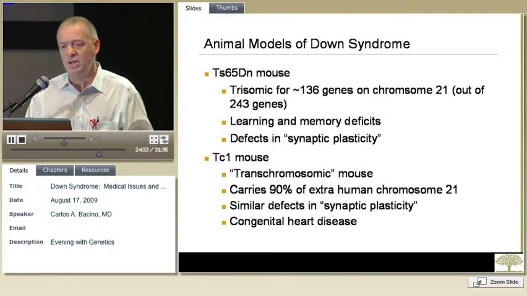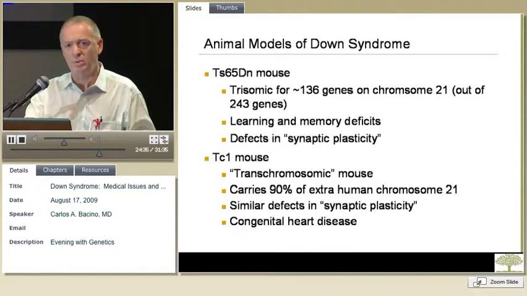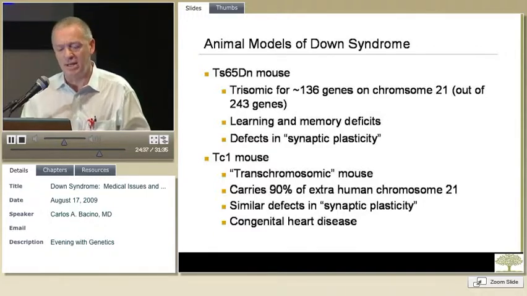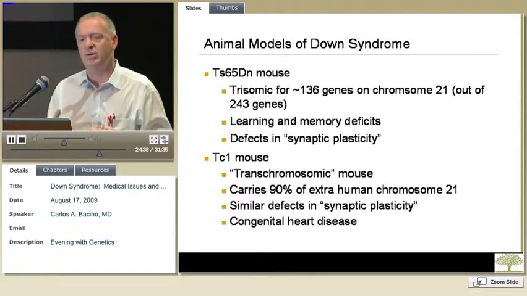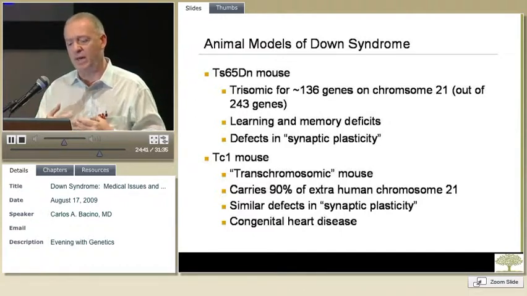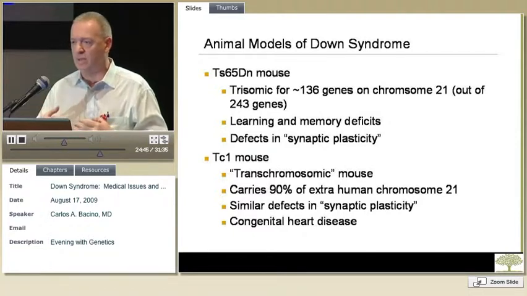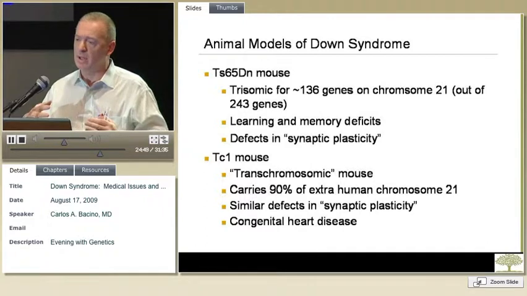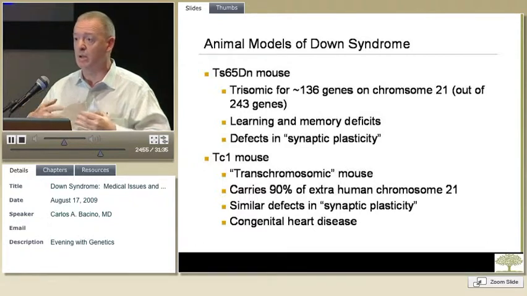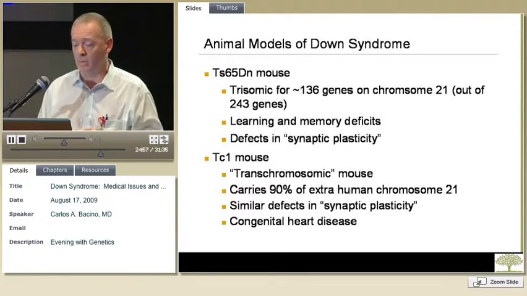And interestingly enough, these 2 strains of mice that have been studied all seem to have defects in what is called synaptic plasticity, and that is giving the researchers a clue that there is something going on in terms of how the brain cells are connected and how those connections are working.